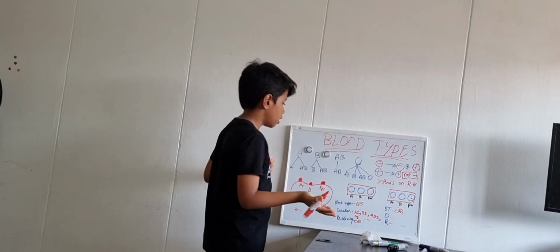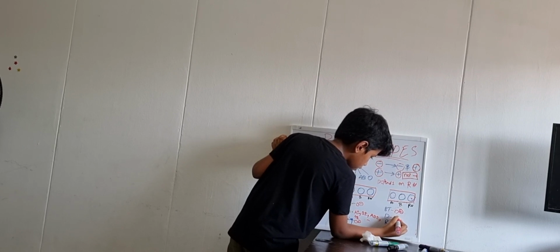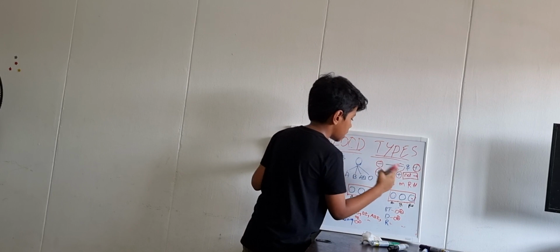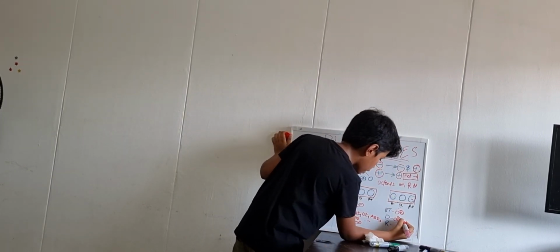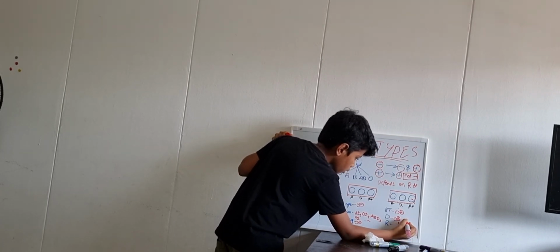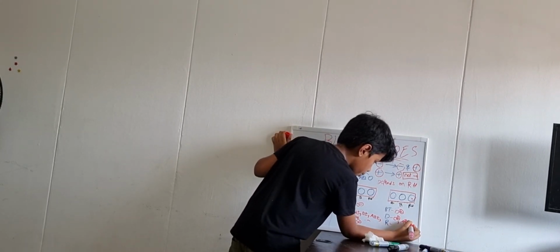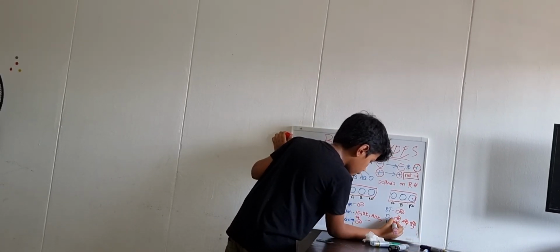I said he can donate to anybody. O positive and negative. O positive. Because the rule says that the positive can only give a positive and not negative. O positive, A positive, B positive, and an AB positive.